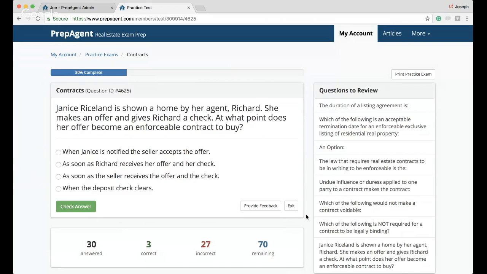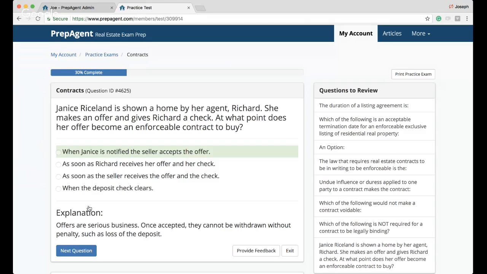What do you guys think? When Janice is notified the seller accepts the offer.